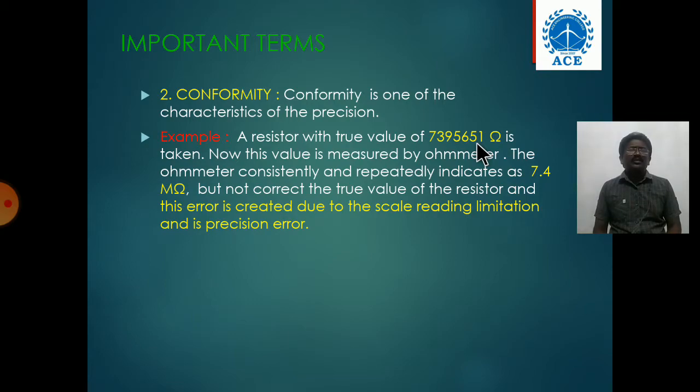It is also an approximate value, but not correct. It is not the true value of the resistor, and this error is created due to the scale reading limitation and is a precision error. Actually here 7.4 megaohms is nearest to the value of 7395651. So this is called the conformity.